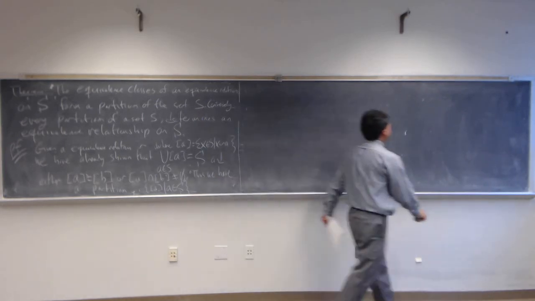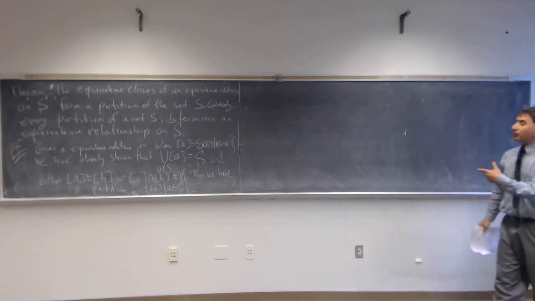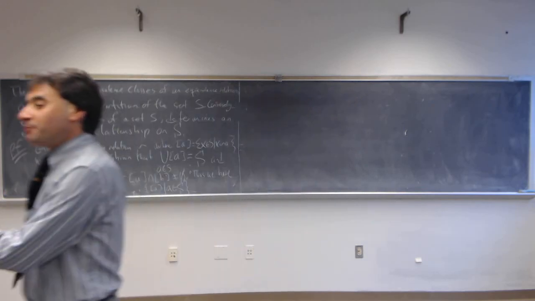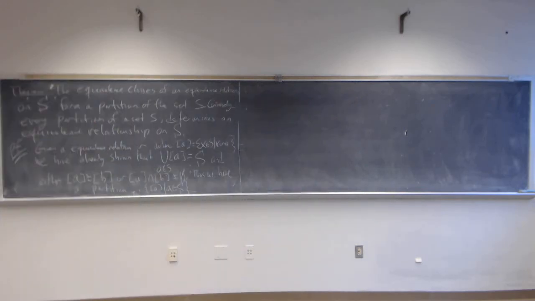Before I go through that, I just wanted to make a remark. I probably should have made it earlier. This idea of a relation, remember how it was initially defined: it was a subset of the product S cross S. Sometimes you actually see that in a function definition. If you have a function as a collection of ordered pairs, when they define a function, they first define a relation as just a set of ordered pairs, and then a function is a special type of relation such that for each element in the first component of the ordered pair, there is exactly one element in the second component.